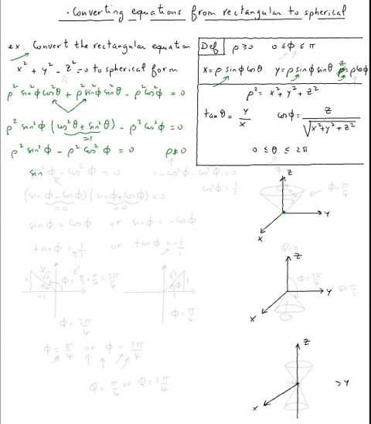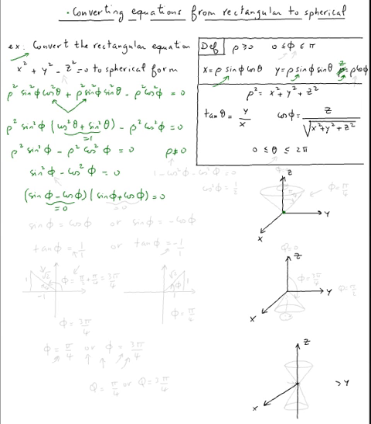So I'm dividing by rho squared, so sine squared phi minus cosine squared phi is 0. Now factor this. It's going to be sine phi minus cosine phi times sine phi plus cosine phi is 0.